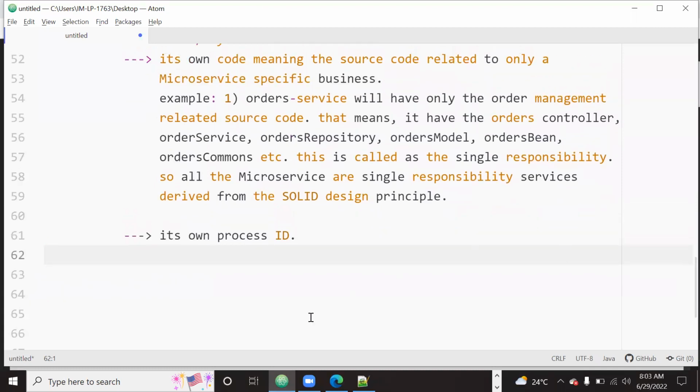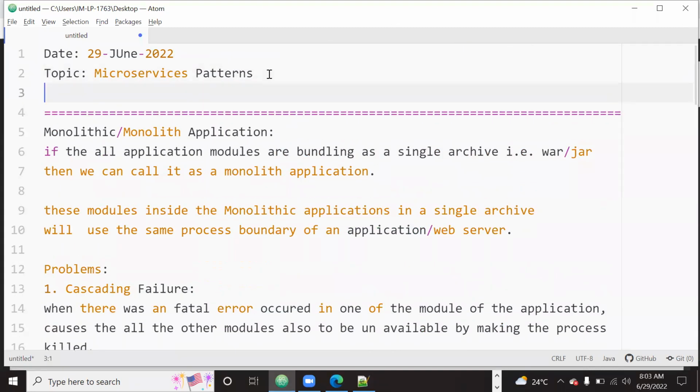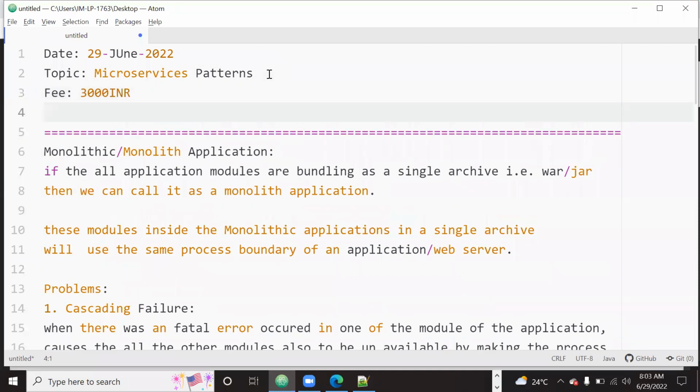Any questions? Sir, what is the course fee? Okay, the course fee is 3,000. Let me write those particulars. Course fee is 3,000 INR. Course duration is 30 days, meaning 20 to 30 days it will take.